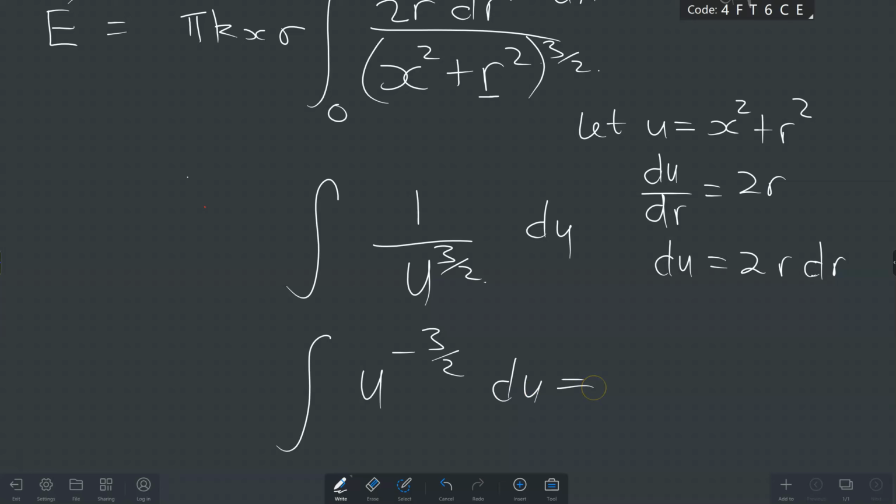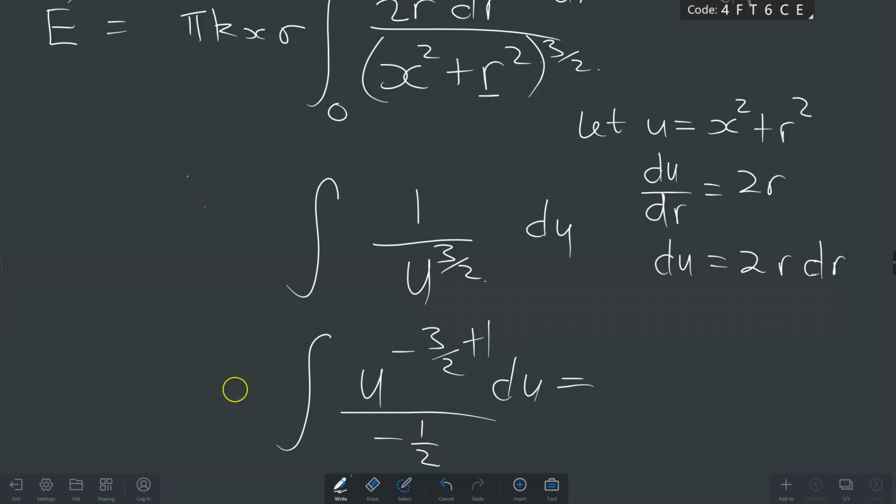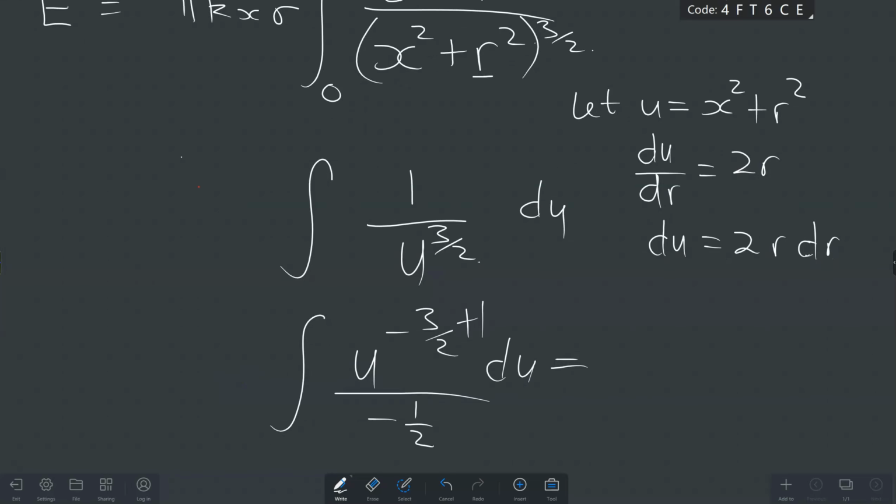And that integral there, we add 1 to the power and divide by the resulting power. This is like minus 1.5 plus 1, it gives us minus half. So we end up getting something like this. Then we can take that 2 to the numerator.